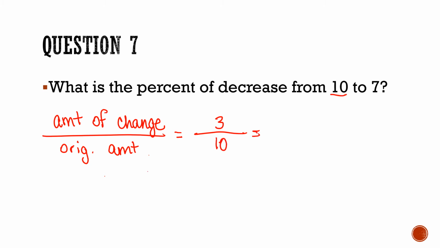When you divide 3 by 10, you get 0.3. And when you change that 0.3 to a percent by moving your decimal 2 places to the right, you get 30%. And this one is a 30% decrease because we went from 10 down to 7. So this one is a decrease.